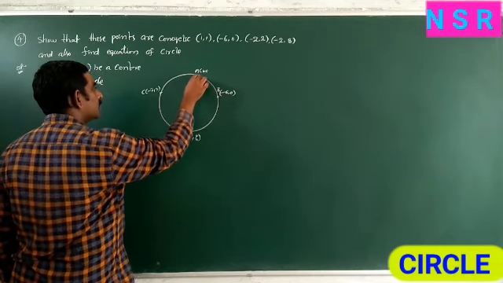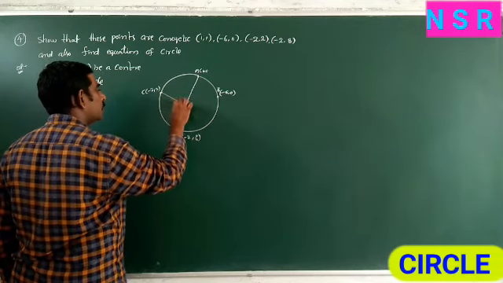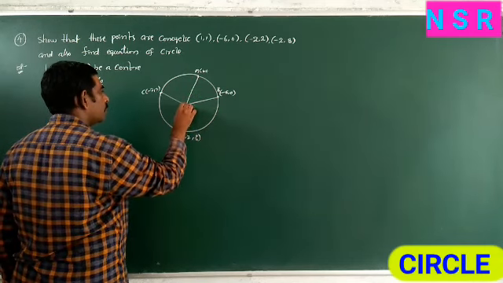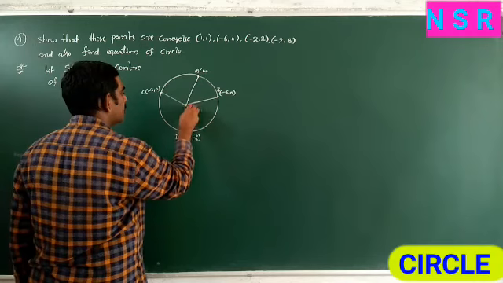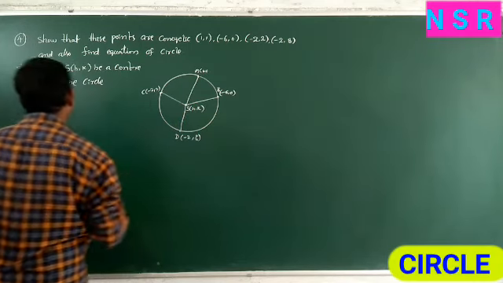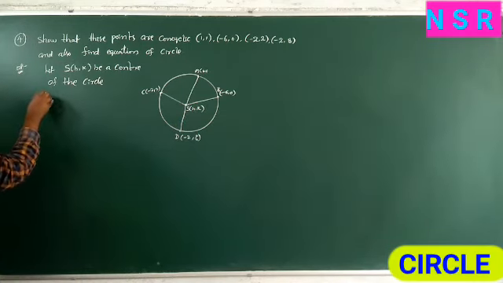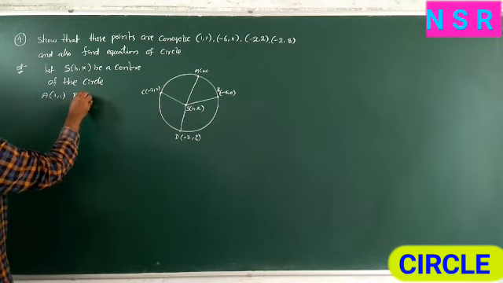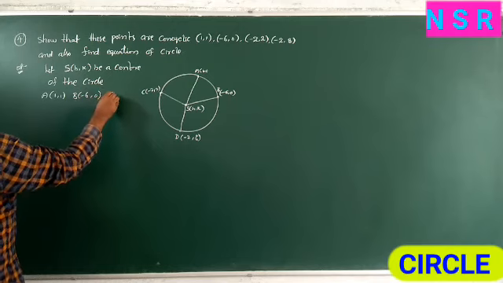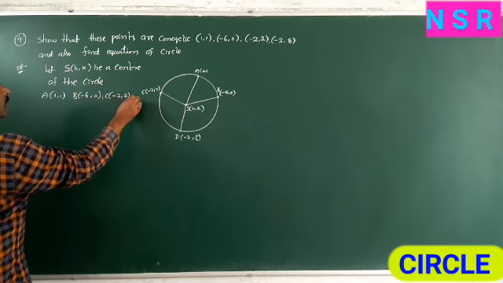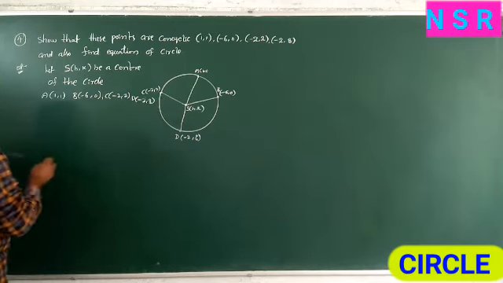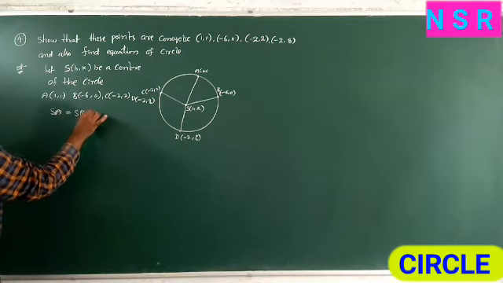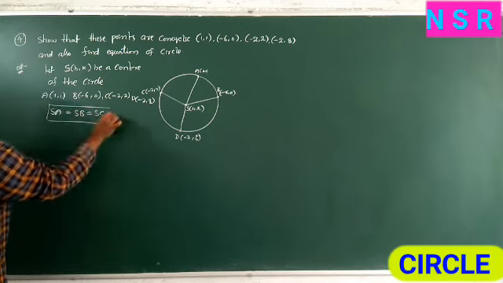This is the center S. Out of these 4 points, take any 3 points. So here SA equal to SB equal to SC.